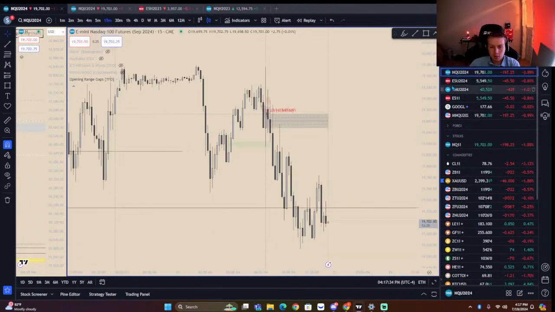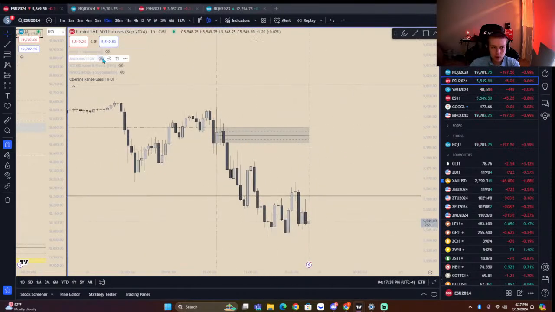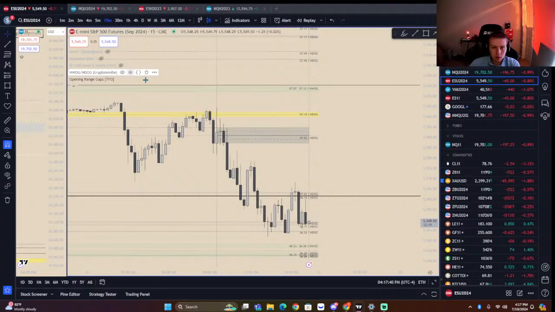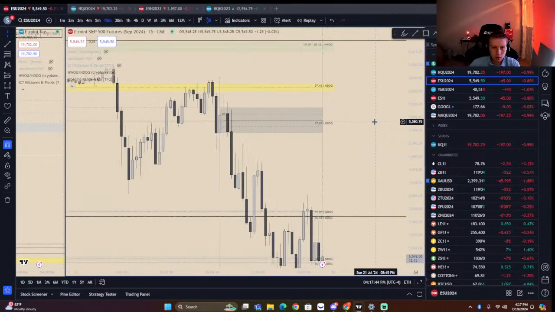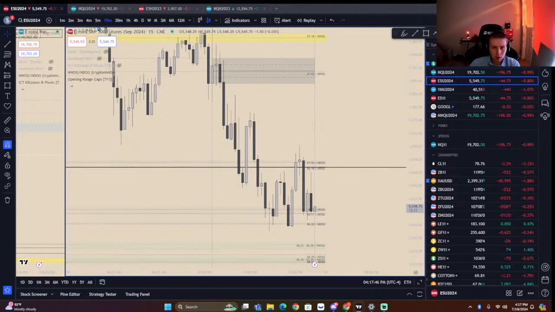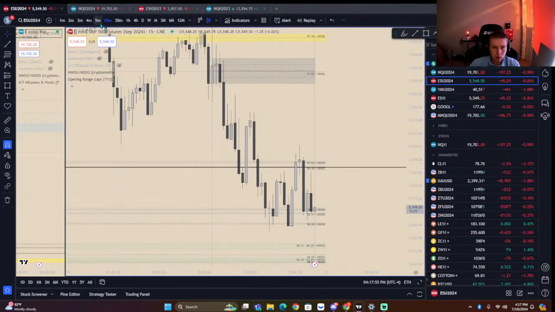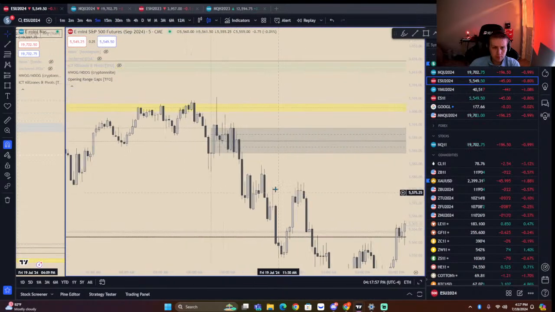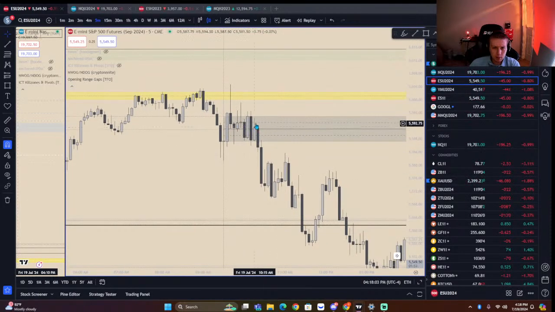Forex is still messed up on my end. The body's on the opening range gap.